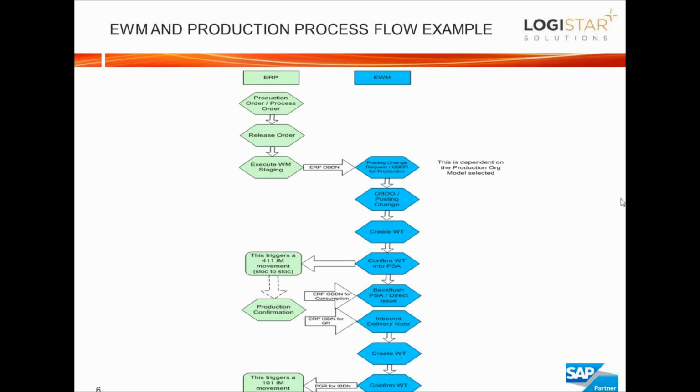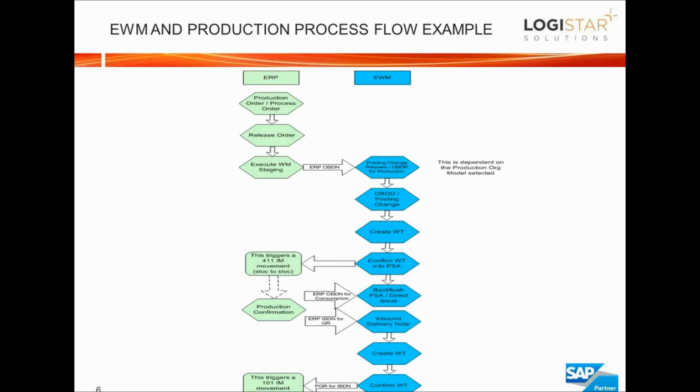The output of that confirmation is what we really want to point out here. When you do the production confirmation, ERP will again trigger an outbound delivery to do the consumption, which could be a backflush or a direct issue, but it's going to consume those components out of the PSA, the production supply area in EWM.